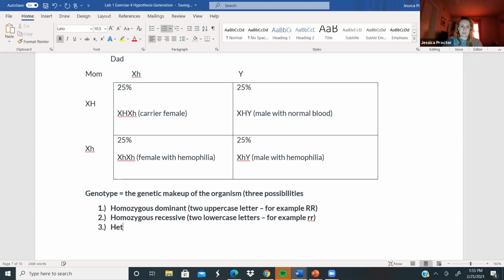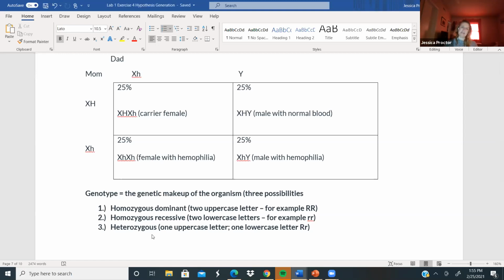And then the third possibility would be heterozygous: one uppercase letter and one lowercase letter. It would look like this, one big R, one little r. If you break that word up, hetero means different or alternative, and zygous means zygote. That means you get a dominant allele from one parent and a recessive allele from the other.